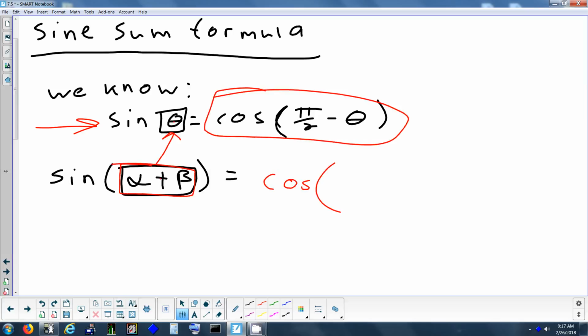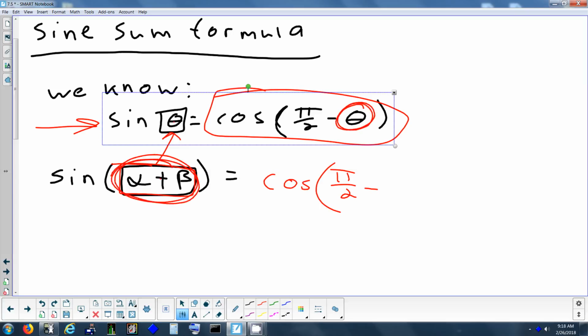So it would be the cosine of pi over 2 minus the something. This time the something is alpha plus beta. When I write alpha plus beta, what do I have to be careful that I put here? I have to put parentheses because it's minus the whole thing.